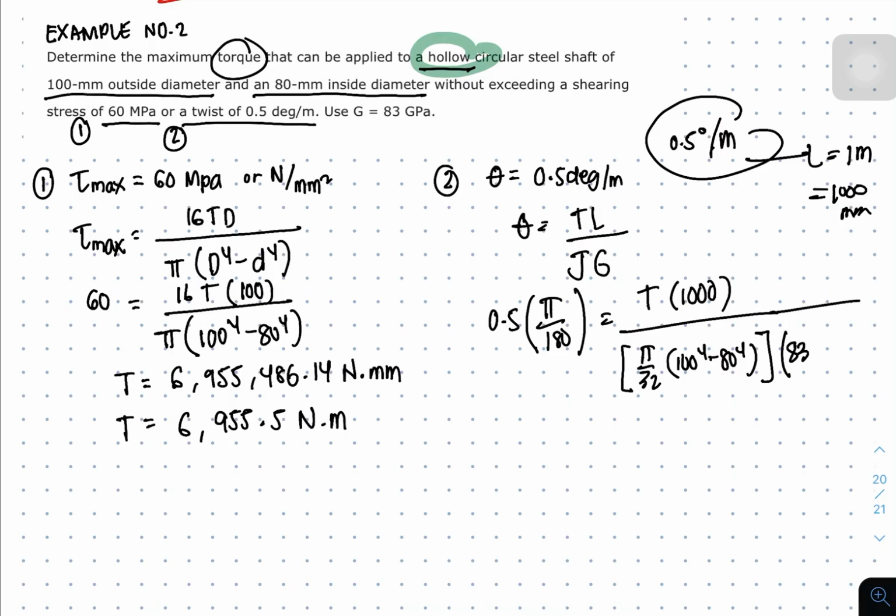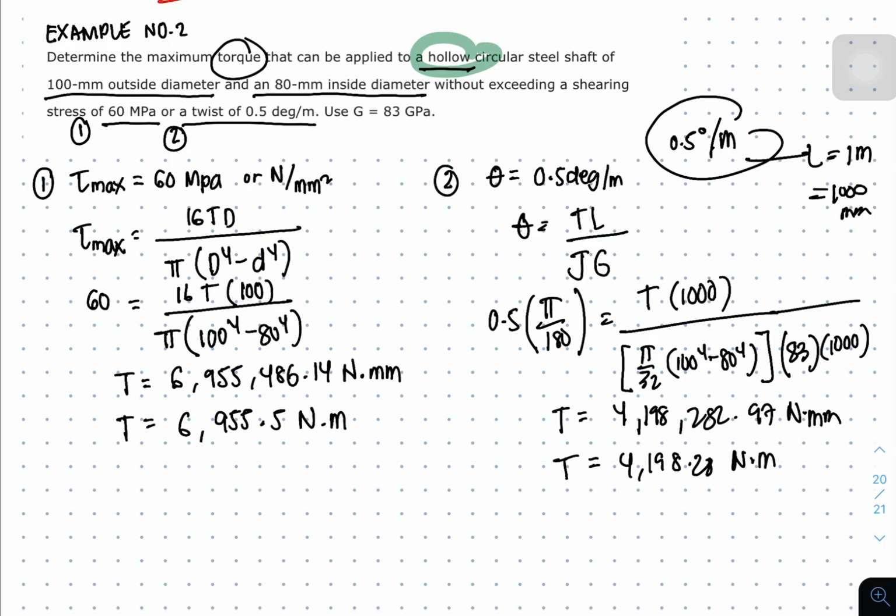We are going to make sure that the unit is the same all throughout the solution, so we need to multiply this by 1000 to make it MPa. So our torque here is 4,198,282.97 Newton millimeter, or simply 4,198.28 Newton meter.